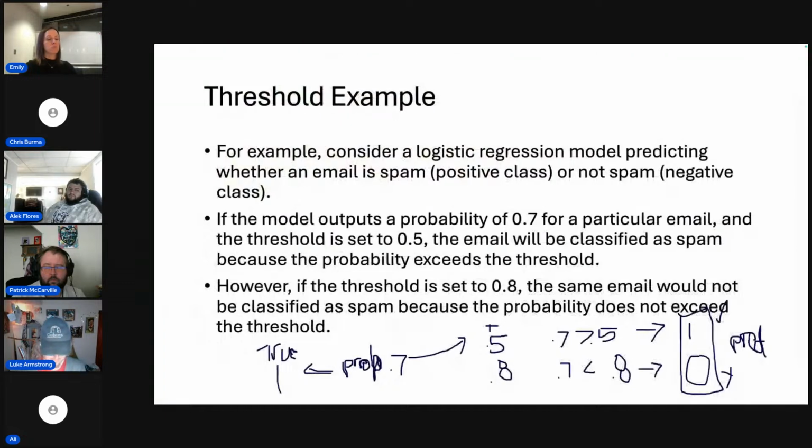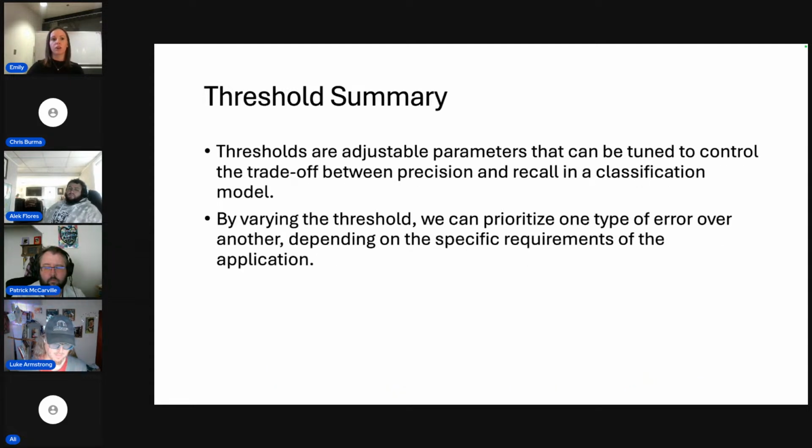So same model. We didn't change the model at all. All we did was change this threshold value, and it changes the outputs and the performance, the evaluation of our model. So thresholds are a model parameter.